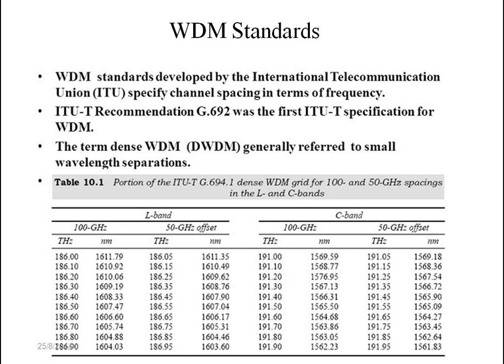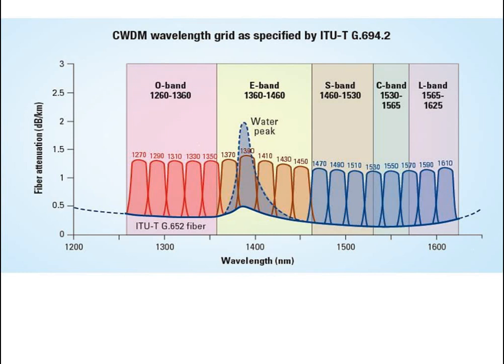As shown in this figure, the CWDM grid is made of 18 wavelengths defined within the range from 1270 nanometer to around 1610 nanometer, that is O through L bands, spaced by 20 nanometer with wavelength drift tolerances of plus or minus 2 nanometer.